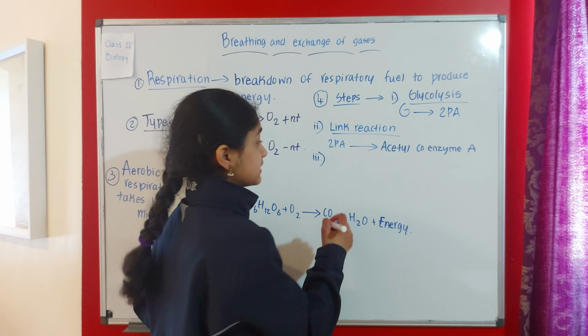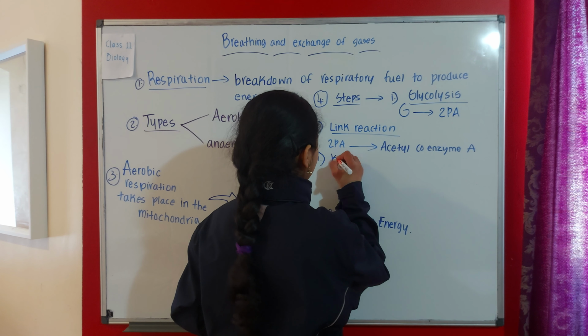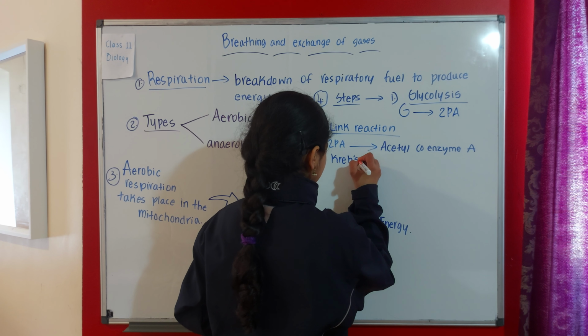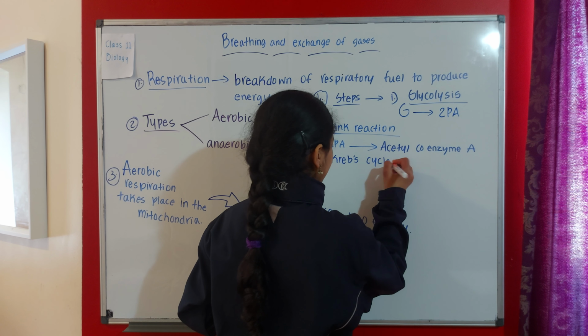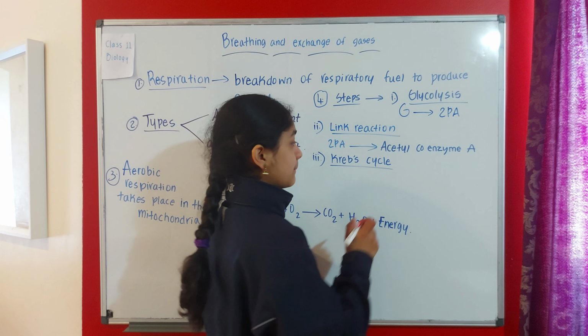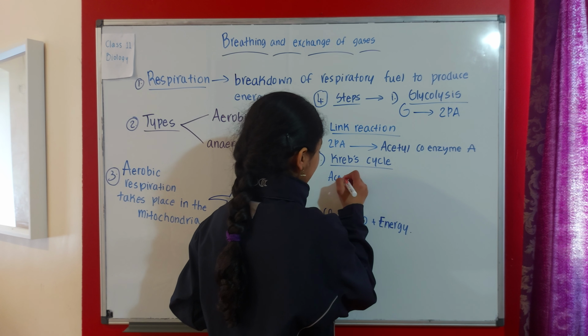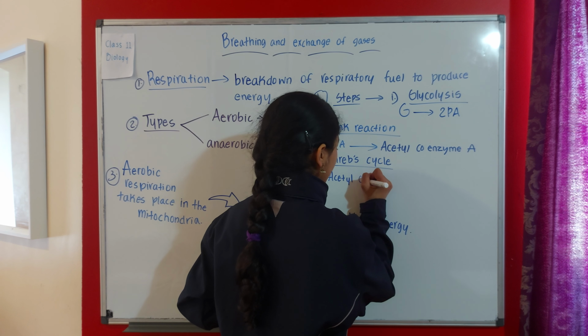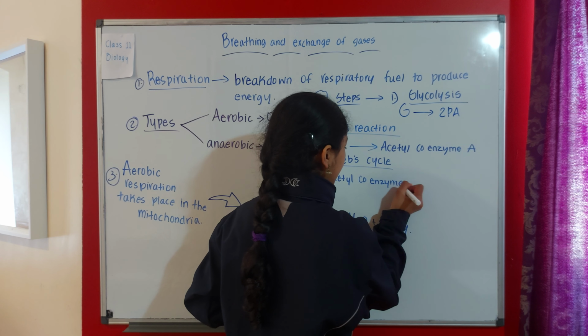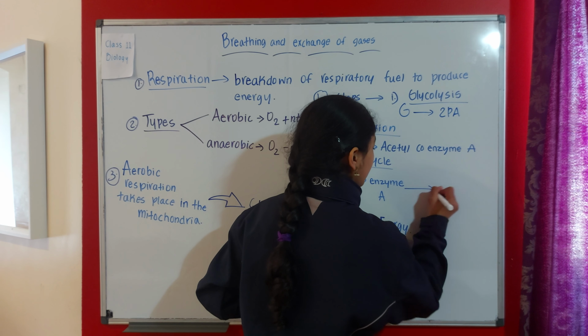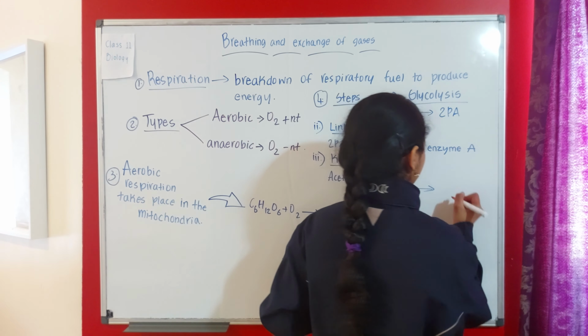The third step is called the Krebs cycle. Here acetyl coenzyme A converts into carbon dioxide.